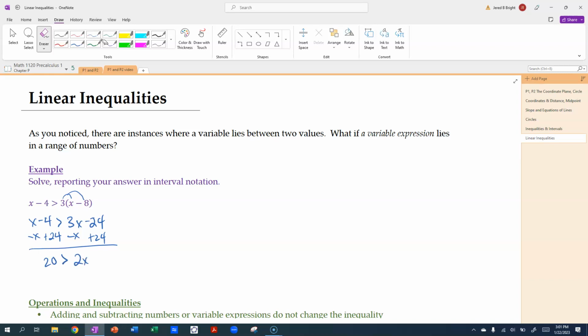And then next, again, if this was equals, I would divide by 2. So I'd get 10 is bigger than x, or rearranging, flip-flopping sides, x would be less than 10. So everything I did here is completely valid.